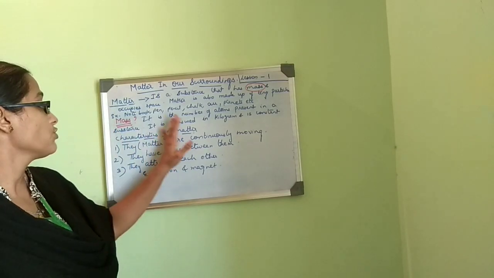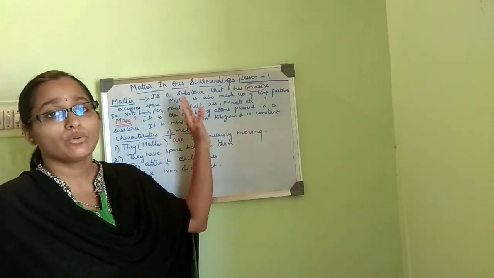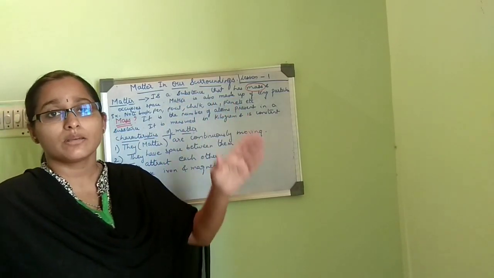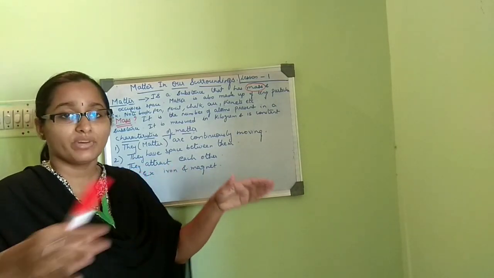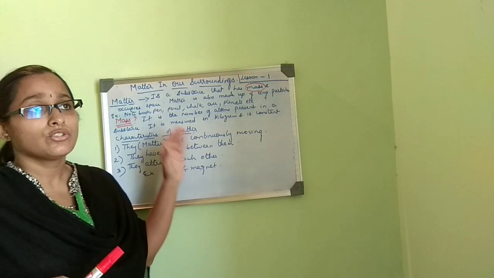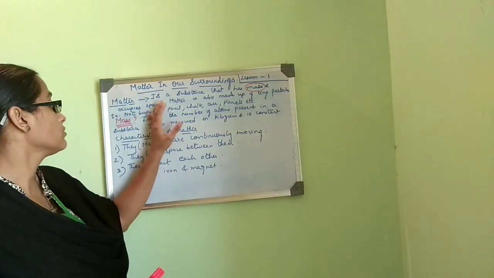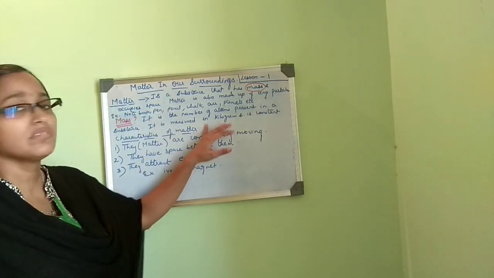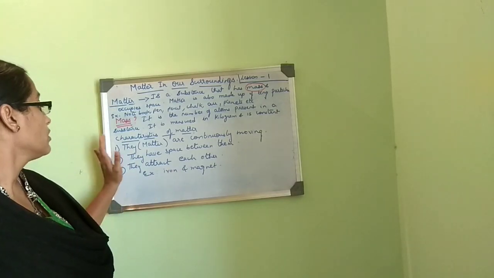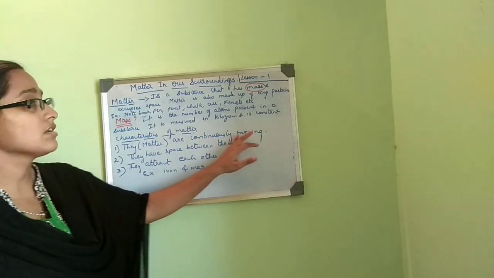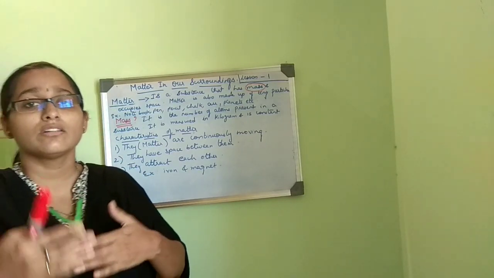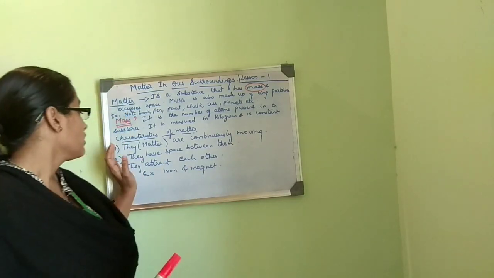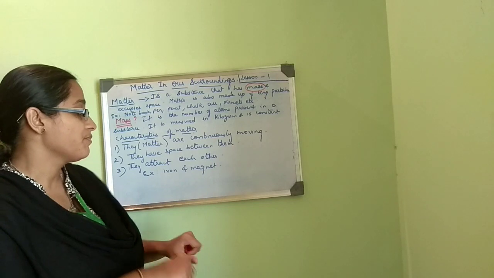So let's move on to characteristics of matter. We know now what matter is. Matter is any substance that has mass and also occupies some amount of space. So we should understand what characteristics make up this matter. They are continuously moving. Matter doesn't stay in one particular place, it continuously moves.